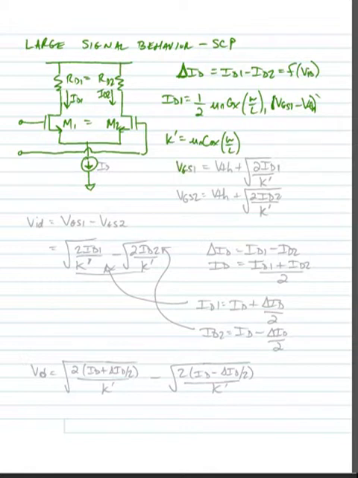If we solve for VGS1, we find that VGS1 is equal to the threshold voltage plus the square root of 2 times ID over K prime. In other words, VGS is equal to VTH plus a VOV.